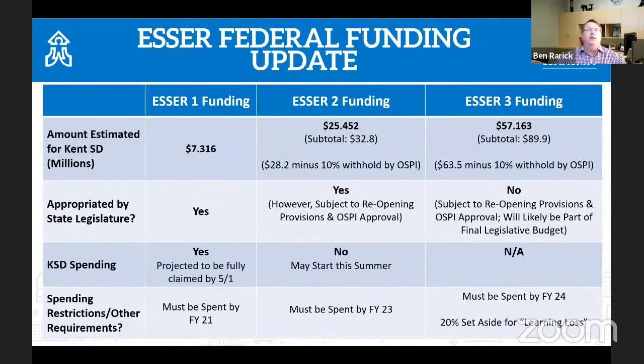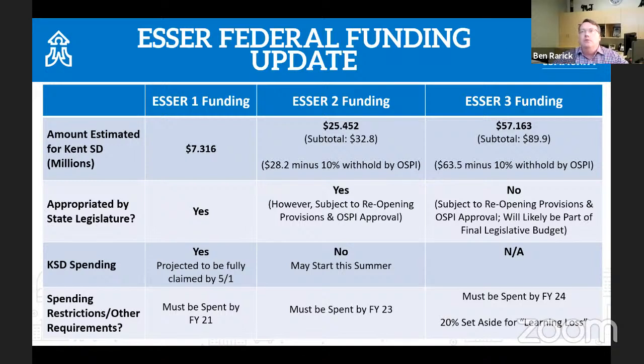Okay, so I'd like to spend a little bit of time with you on this chart. I tried to put together a helpful, handy one-pager that summarizes all the information that you really need to know at this point and can know. So you're looking at columns and rows. 3 columns are separated by ESSER 1, ESSER 2, and ESSER 3. There have been 3 separate appropriations for ESSER funding.